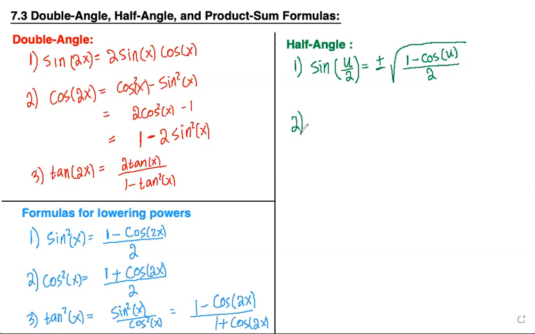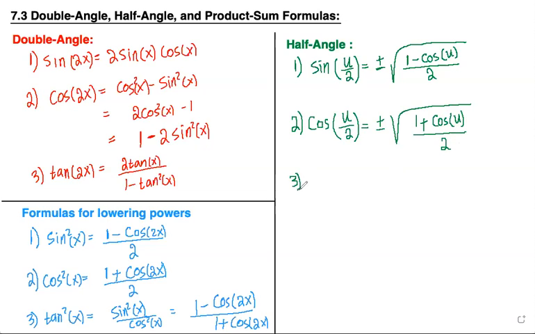Second one is the cosine of u over 2. This is equal, again, positive or negative, square root of 1 plus cosine of u over 2.